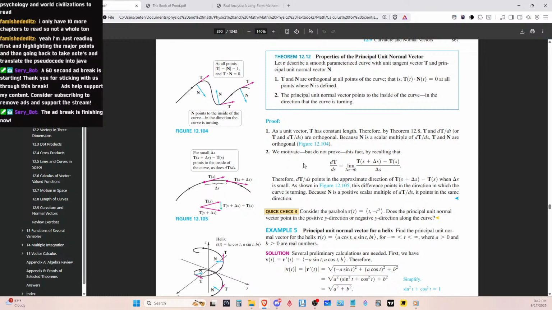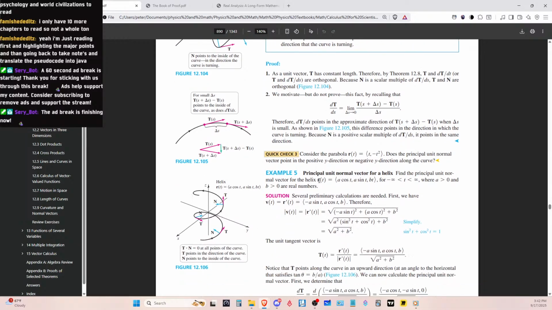Okay. Let's see. Consider the parabola. Does the principal point in the negative?